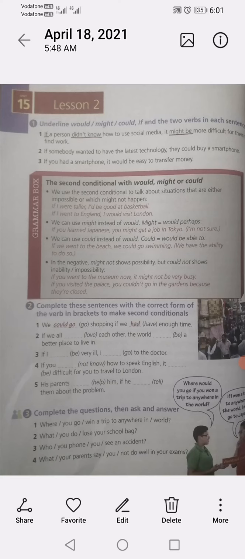When do we use might? We can use might instead of would, which means perhaps, or would perhaps. For example, if you learned Japanese, you might get a job in Tokyo.